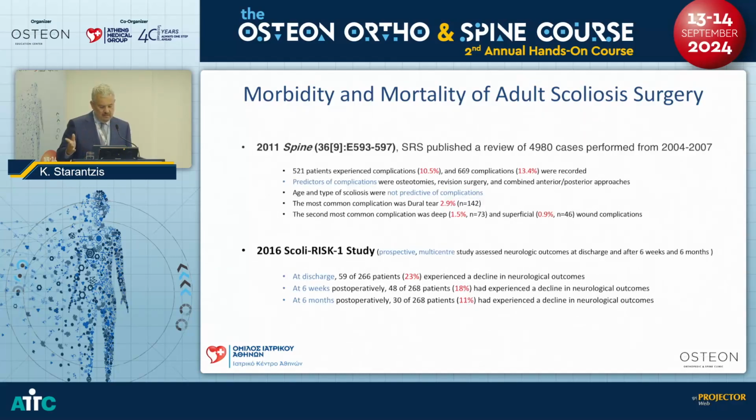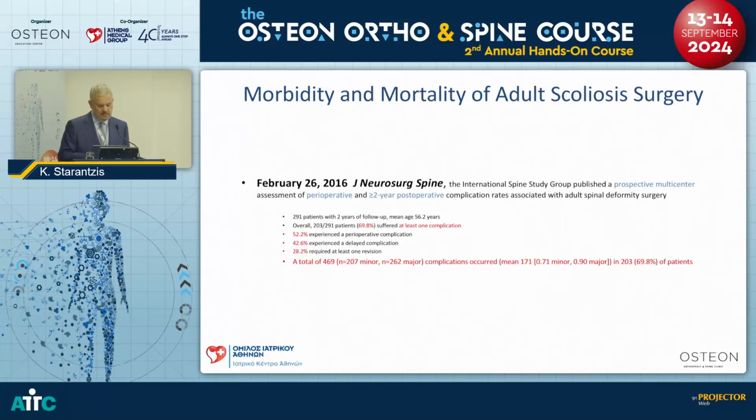You know about the studies. Someone mentioned one of these yesterday. We can get serious complications, not just a dural tear with CSF leak and wound healing problems. From the scoliosis study, we know that 1 out of 4 patients at discharge experience a decline in neurological outcomes, like a neurological deficit, which stays in 1 out of 10 patients at 6 months, which is serious, isn't it?